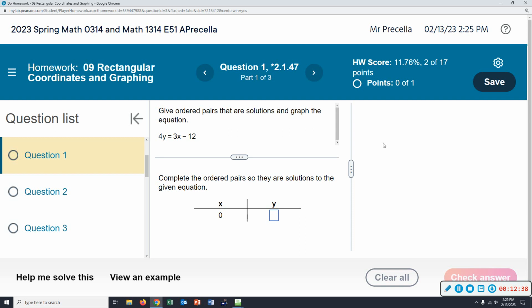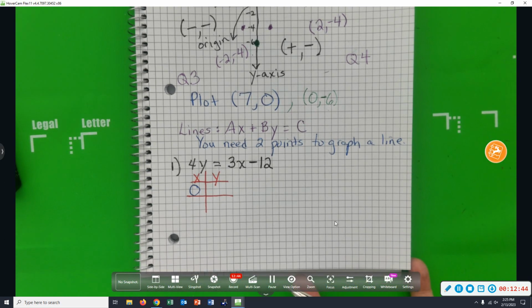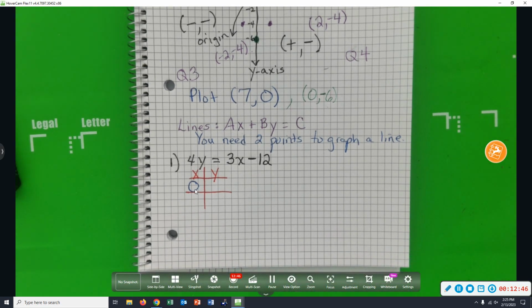You want to guess what we're going to do with this one? Here, I've written it down. What is it trying to tell us to do with this? There's a 0 in the x column. What it's saying is, plug a 0 in for x and find the y.